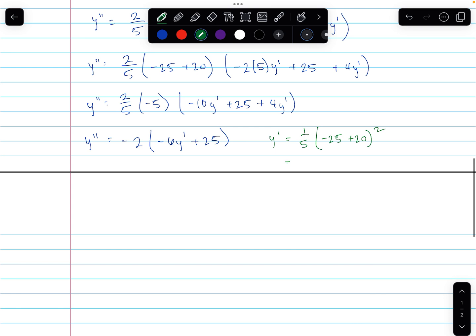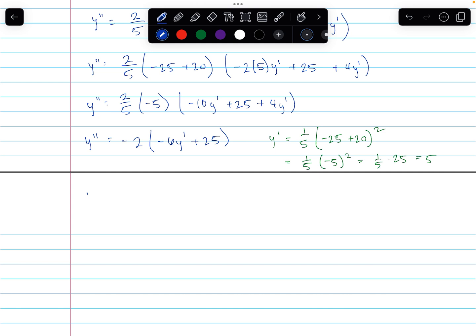So this is equal to 1/5 times negative 5 squared, which is 1/5 times 25, which is equal to 5.